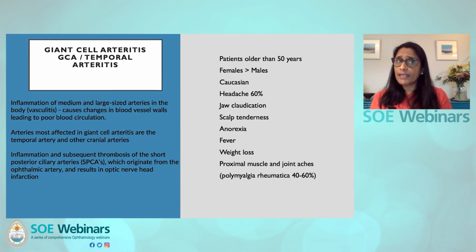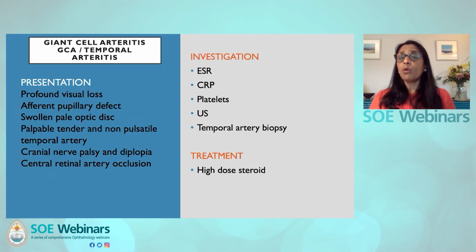So giant cell arteritis usually affects people who are older than 50 years of age. And most of these patients will present with a history of a headache, they've not been well, maybe there's been weight loss, there's scalp tenderness, so when they brush their hair, their head feels sore, there may be jaw claudication, they may have proximal weakness relating to polymyalgia rheumatica, or they may present with profound loss of vision.